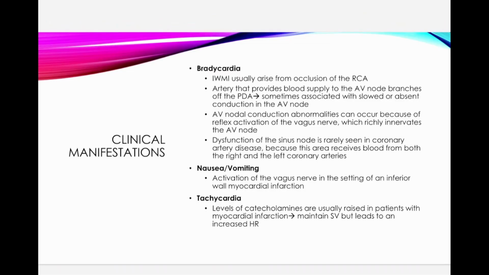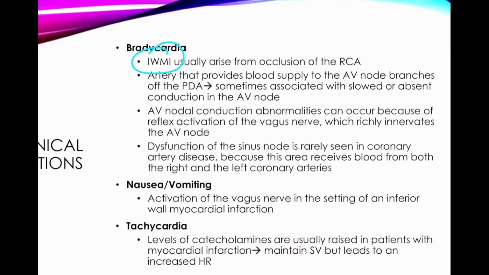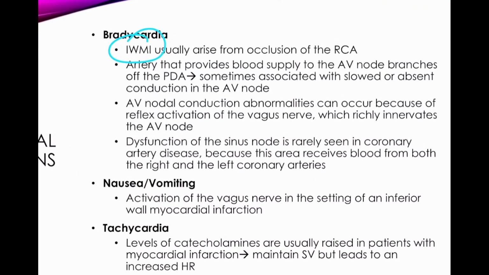Bradycardia. If a patient has an MI and they also have bradycardia along with it, it might be what's called the inferior wall MI. And remember, the inferior part of the left ventricle is supplied by the right side of the heart in like 80% of the people.